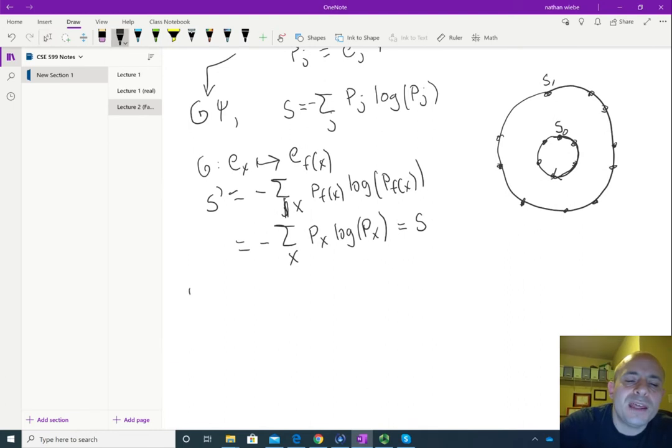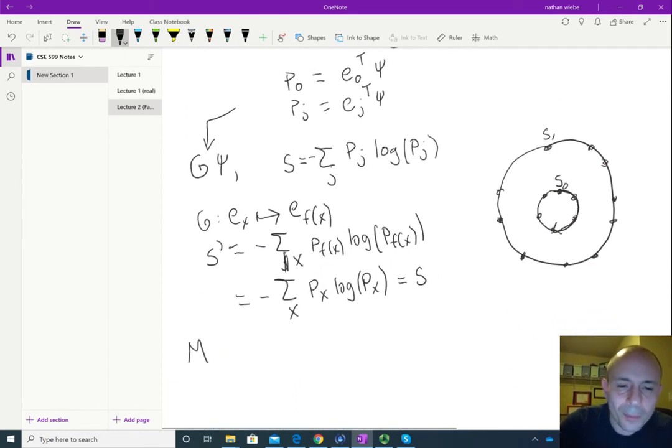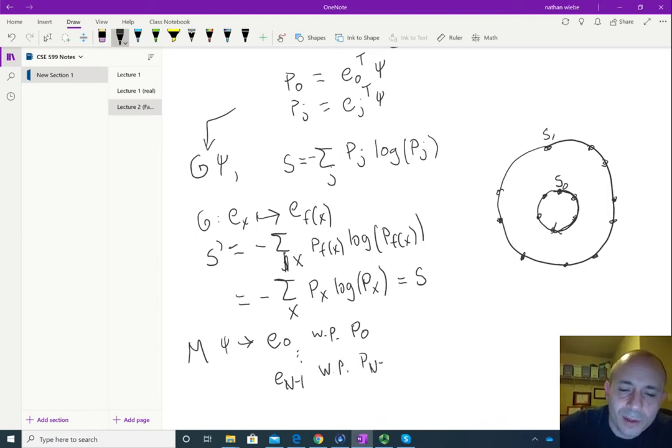So if we define an operation M, now this M is a nonlinear operation that cannot be conveniently expressed as a matrix. This operation M, what it will end up doing is it will end up mapping psi to E0 with probability P0 and down to En minus 1 with probability Pn minus 1.